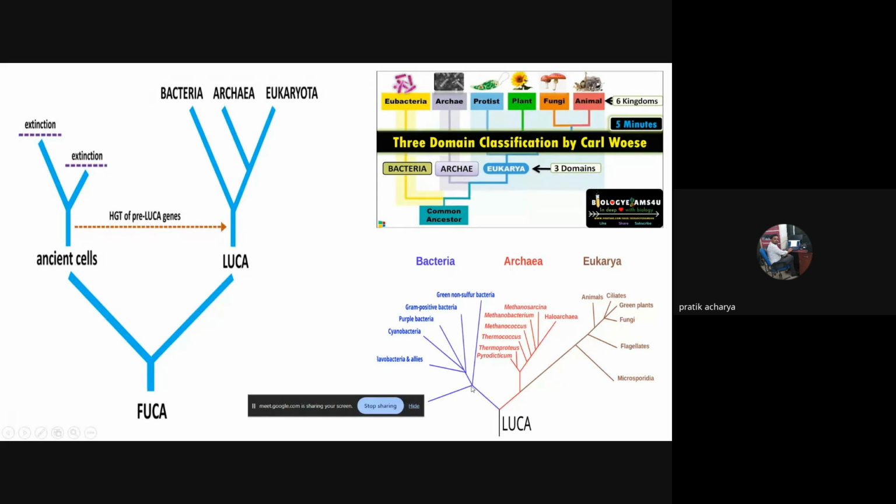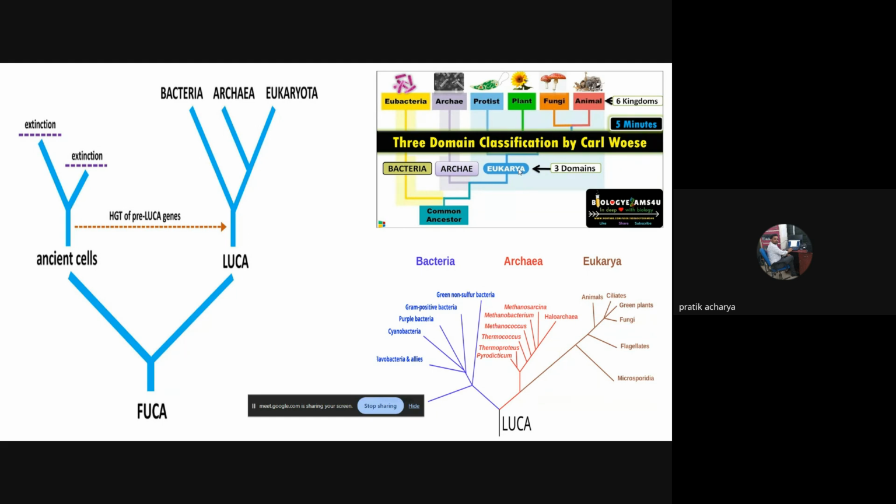That means different forms of life originated from one single ancestor. This is the tree of life. Okay, these are the different kingdoms present under the three domains: bacteria, archaea, and eukarya. So this is the introductory idea about the three domains.